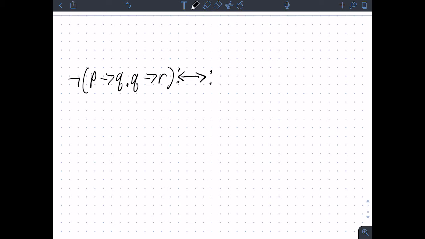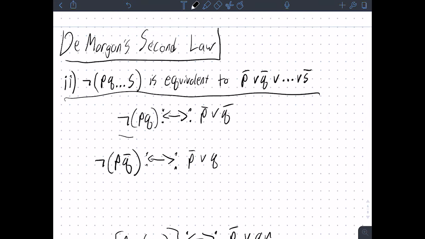So this is equivalent to not if P then R, or not if Q then R. Because inside this negation it's a conjunction of two conditionals, but it's a conjunction, it shares the same form as the simplest example.